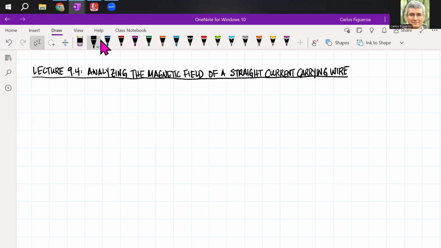In lecture 9.3, we calculated this magnetic field.